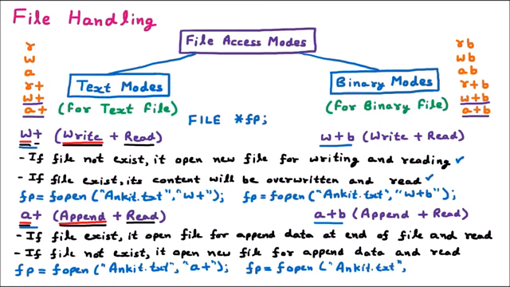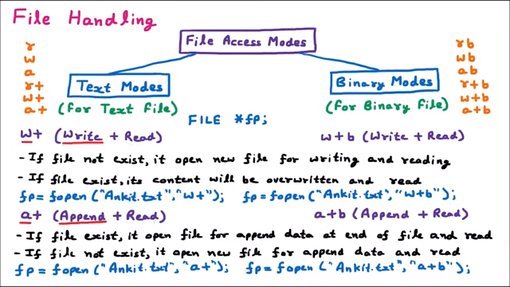Here we provide the mode. In the double quotes we say A plus B, so A plus for the binary file. Then afterward a semicolon. A plus B mode works in a similar manner as A plus. If the file exists, it opens the file for appending data at the end of the file and we can read that. If the file does not exist, it opens a new file for appending data and we can read that.